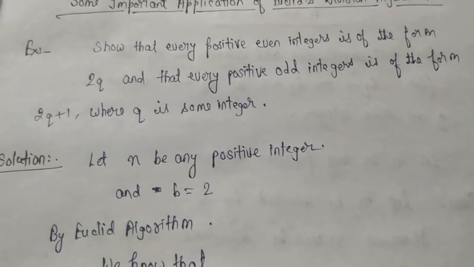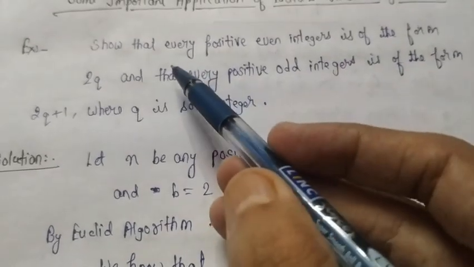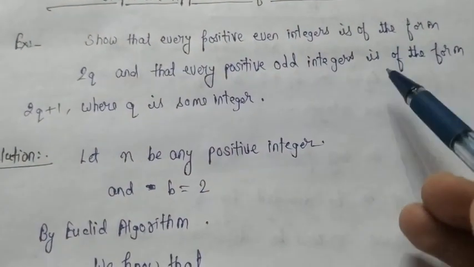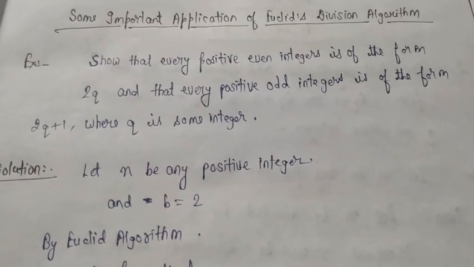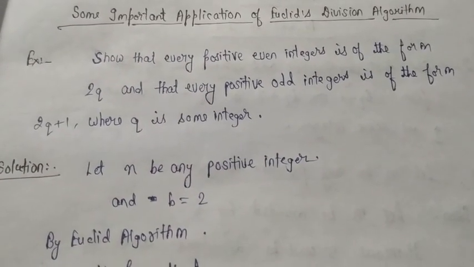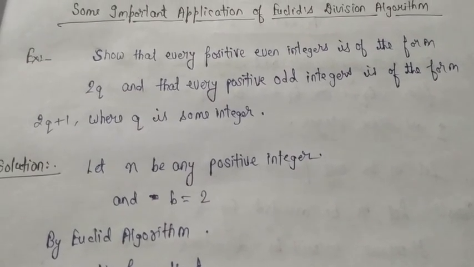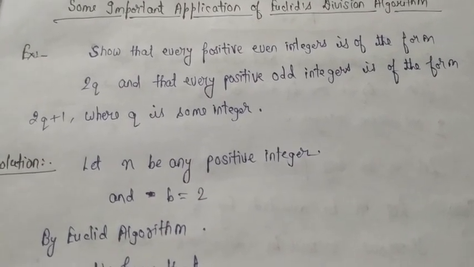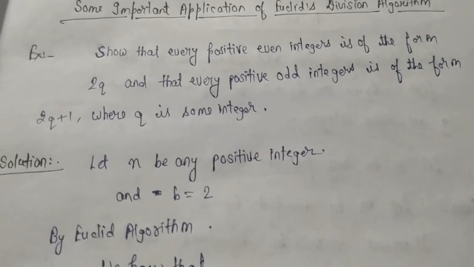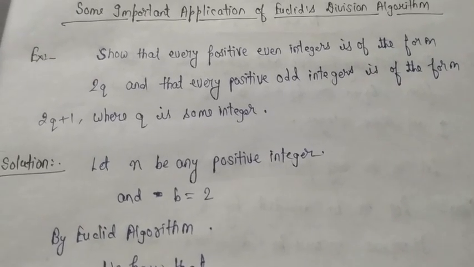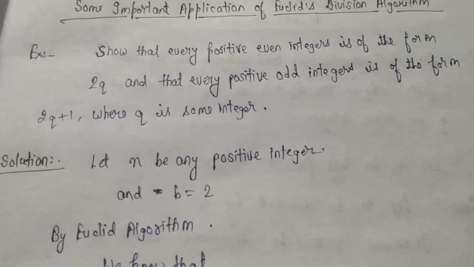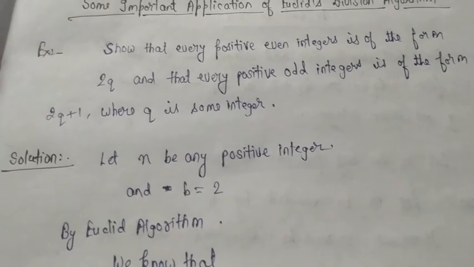Whenever you are going to solve this type of question, you must understand how to apply the algorithm. Before this you have solved the HCF of two numbers with the help of the Euclid division algorithm. Now come to this question.